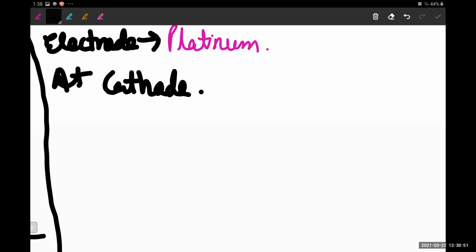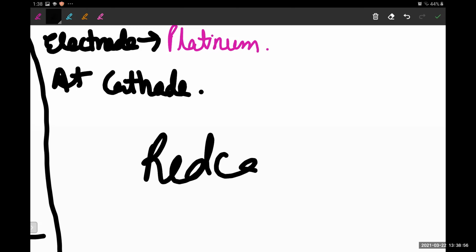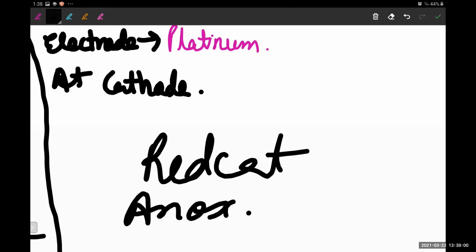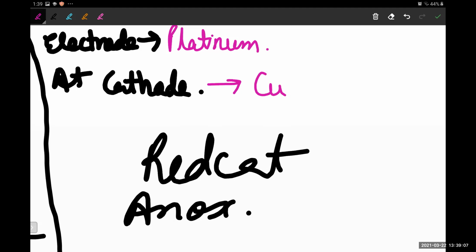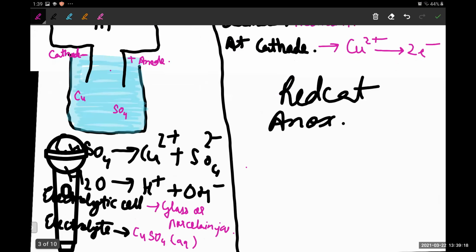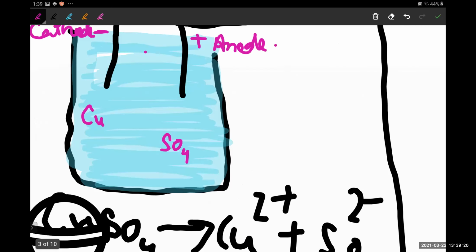So I have told you one fun fact: red cat and ox. Do you all remember this? Yes, very good. So at cathode, what happens? This copper will take 2 electrons. For understanding this, we just now saw that this copper will be dissociated in 2 plus and this will be 2 minus, right?